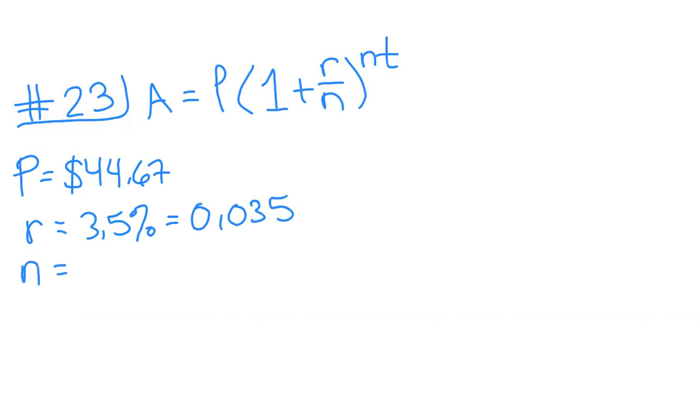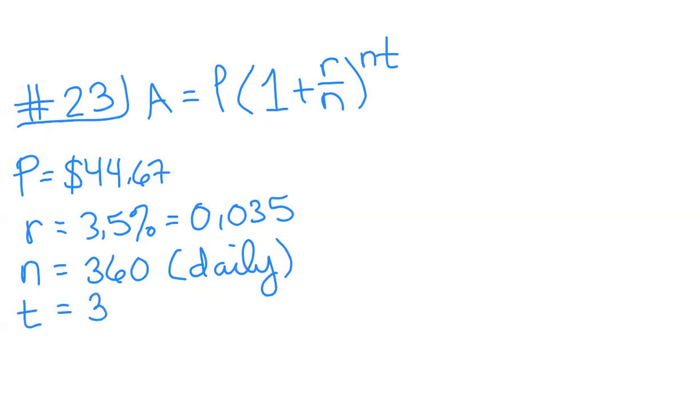Compounded daily, our days are 360 long, right? So compounded daily and for a quantity of 3 years.